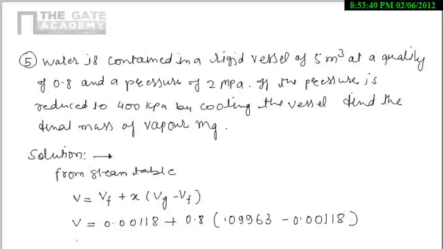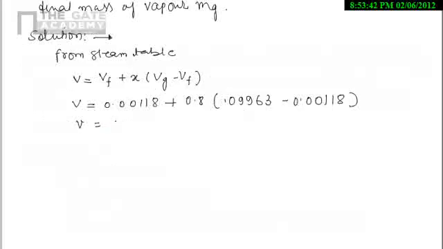So now if we solve it, we will get the specific volume of the mixture. It is 0.07994 meter cube per kg. So whatever value I am taking from the steam table, I am getting the specific volume of the mixture.